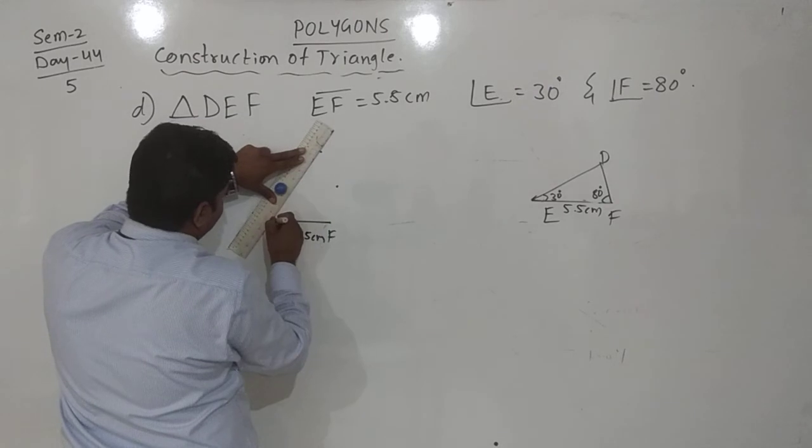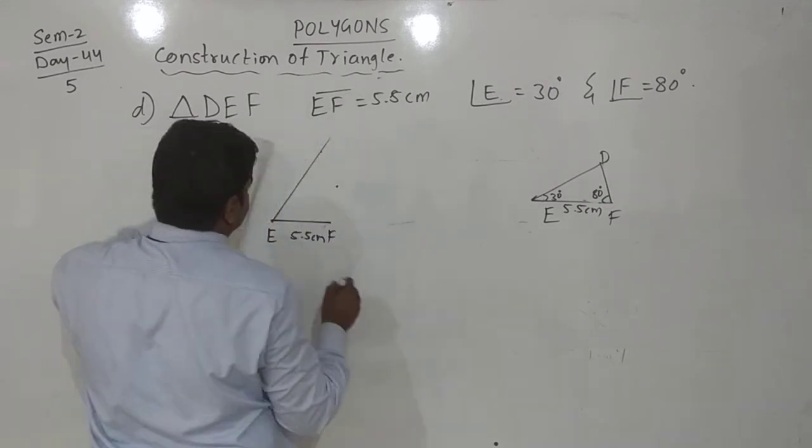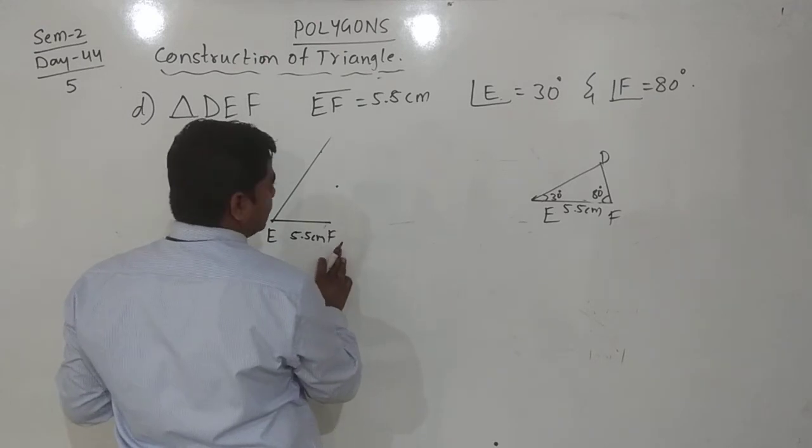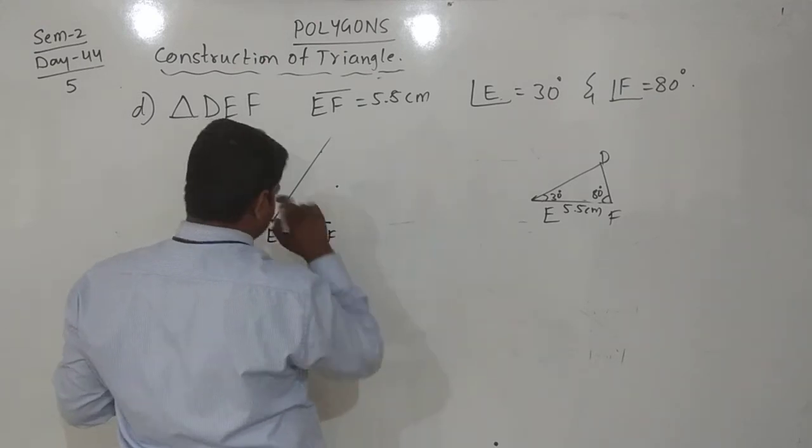The line should pass through these 2 points. Yes, angle F is 80 degree, E is 30 degree.